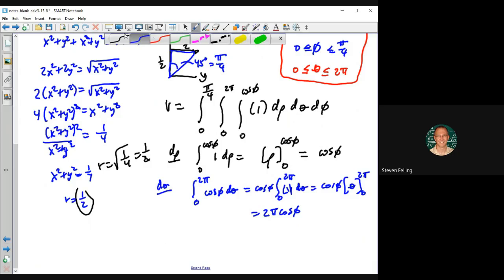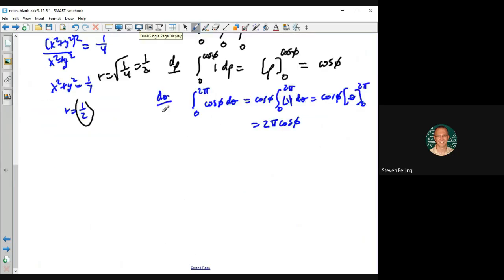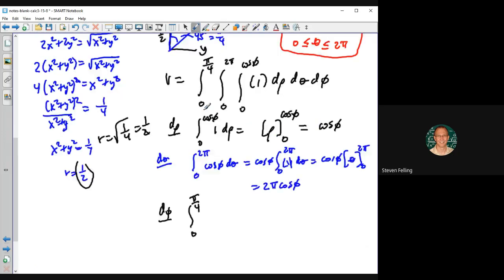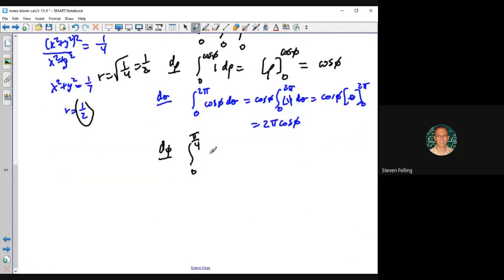And then the last integral, the phi integral, would be the integral from 0 to pi over 4, we said, I believe. Yep. And we're integrating 2 pi, so the 2 pi comes out. That's a constant, but it's cosine of phi d phi. The antiderivative of cosine is sine.